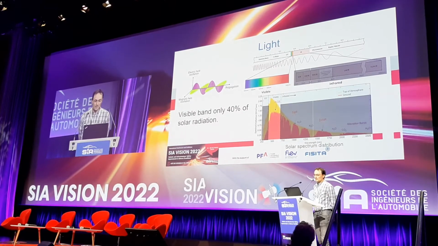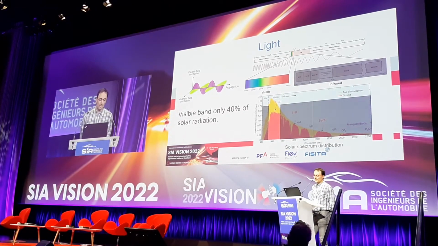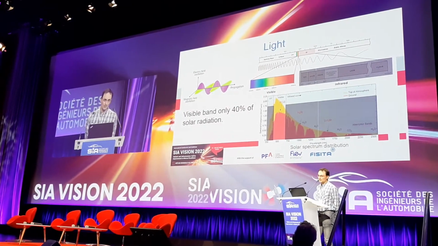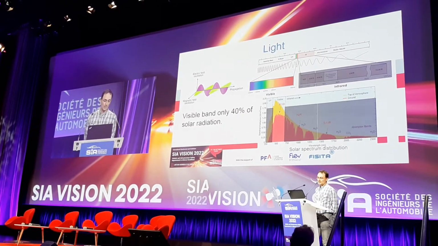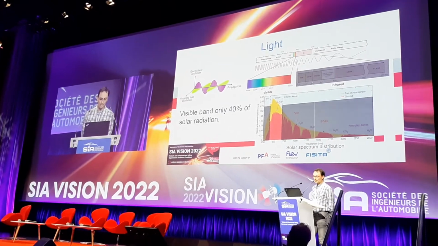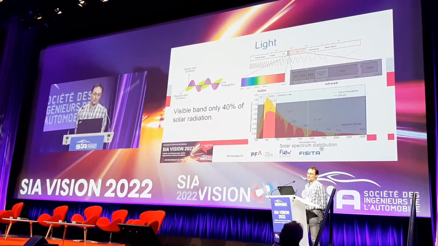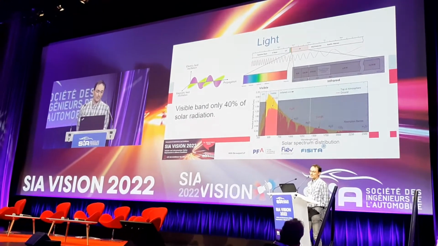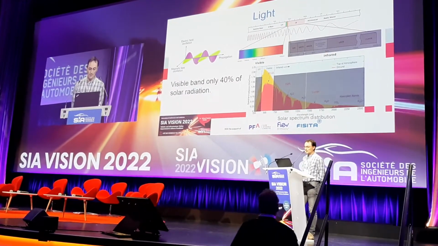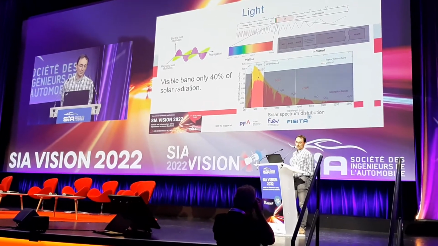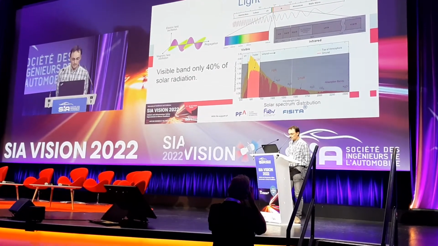So, as I said before, the visible light is only a small part of the spectrum, and it is only 40% of the solar radiation also. So we have just a partial vision of what we could do. So maybe sensors can be better than human eyes.